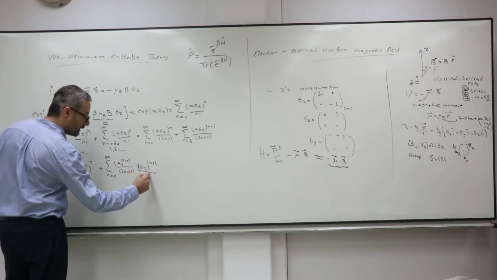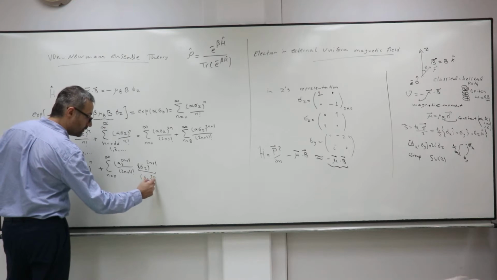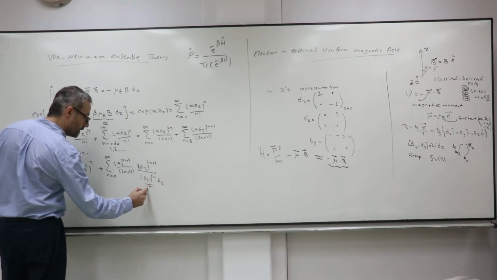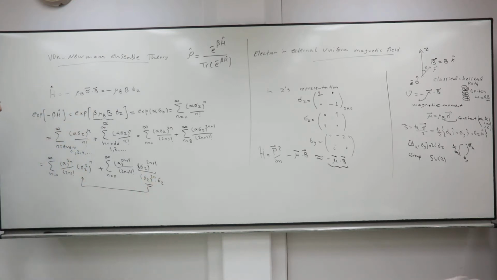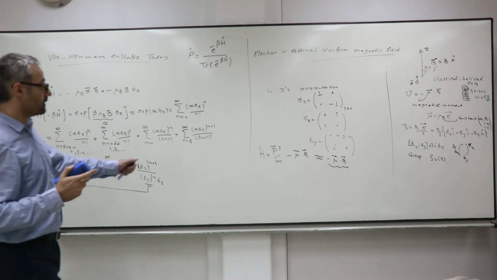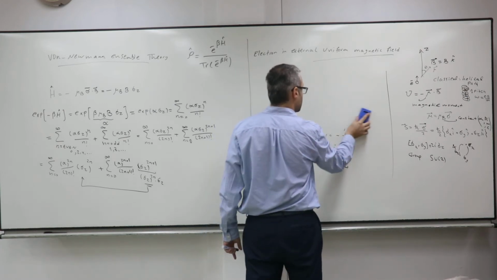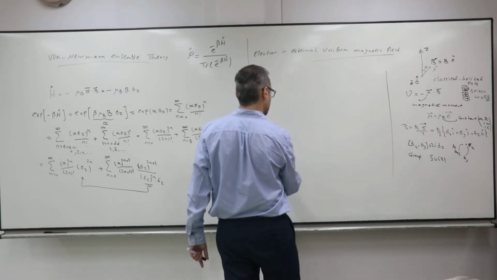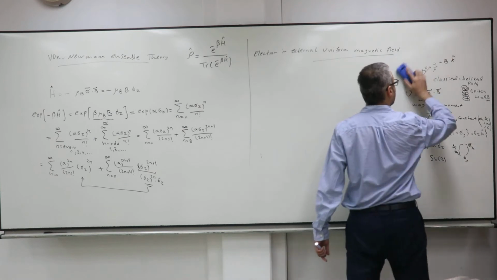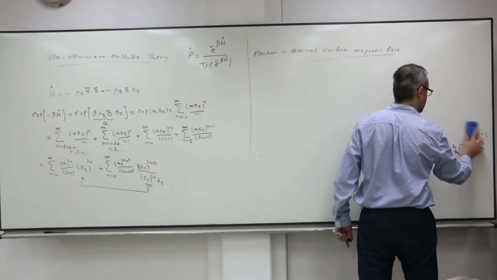That will be sigma z to the power 2n multiplied by sigma z. So I needed to calculate sigma z squared, sigma z to the 4, 6, the even powers of sigma z.